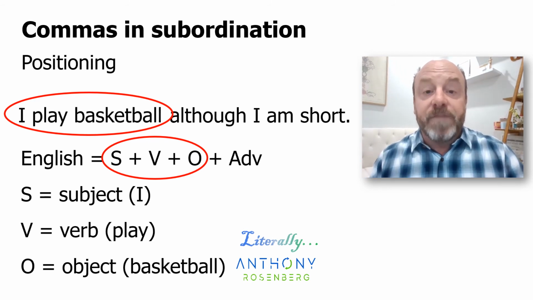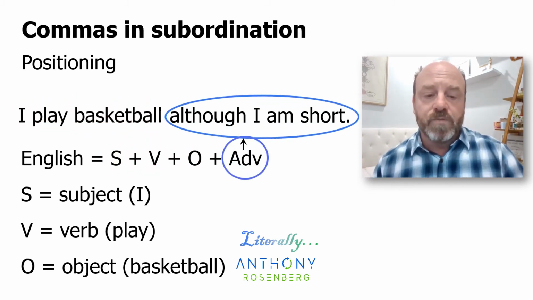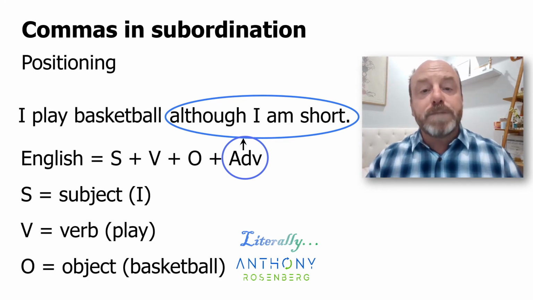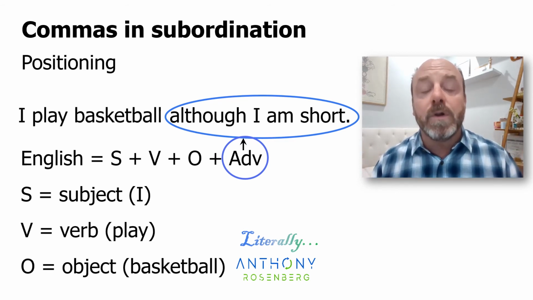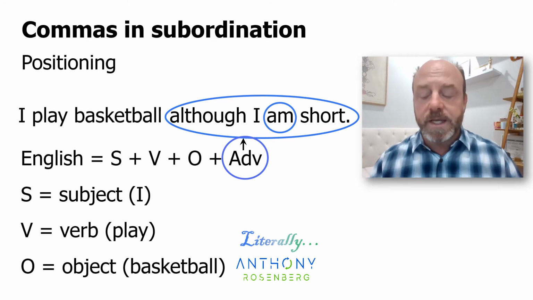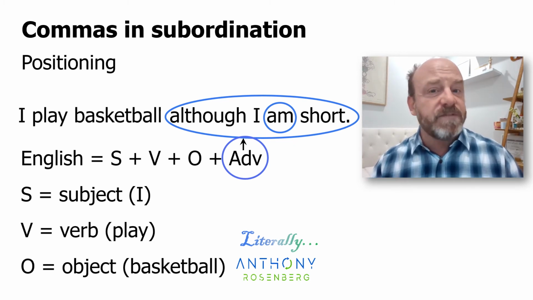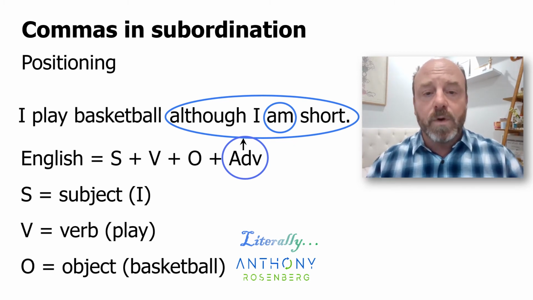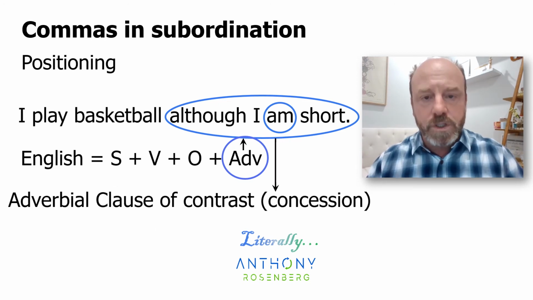Now we have the adverbial. Now the adverbial is the whole group of words there because the subordinating conjunction introduces that group of words. So although is part of the adverbial clause. It is a clause because we have the word am, which is a verb. So although I am short is your adverbial clause. It actually has a very complicated name. It's what we call an adverbial clause of contrast.